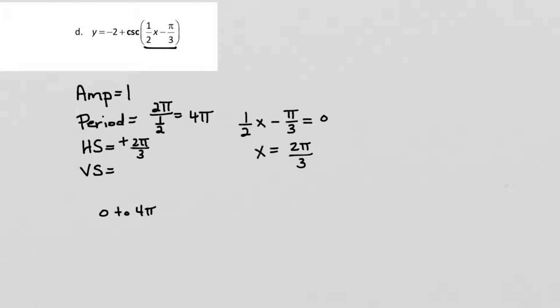So again, we're going to shift to the right. I'm going to take that out so that we have space to graph. All right. And then the vertical shift. There's a -2 added to that cosecant function, so that's going to be a shift down of 2.